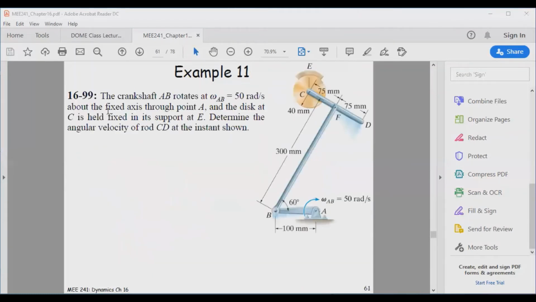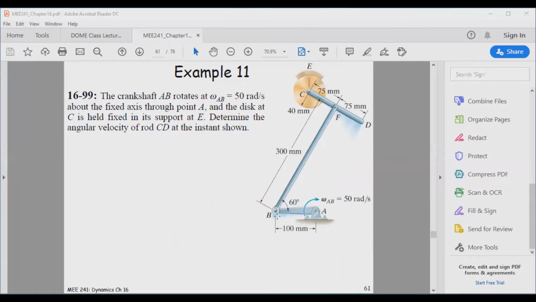Okay, so here what we have is a crankshaft, right? This crank rotates, and as a result of the crank rotation, this part AB, this mechanism, will basically move. This is actually called a four-bar linkage, which is what you are going to learn later on in your kinematics and dynamics of linkages.